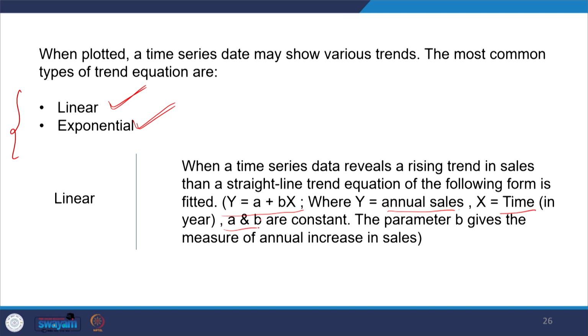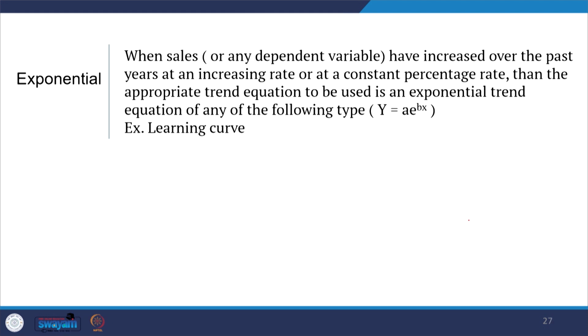A is called the intercept, and B is my slope. The parameter B, the slope, gives me the measure of annual increase in the sales. So, how much it is increasing or decreasing, we can understand by the value of B.